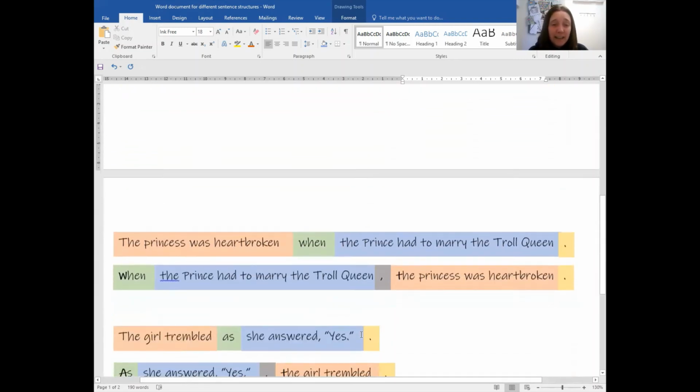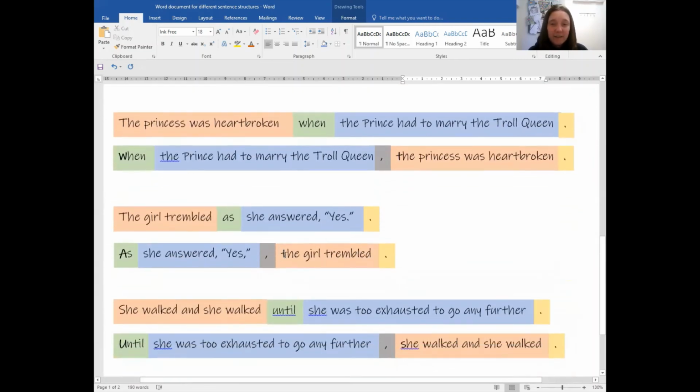So if you look here now, we've got pairs of extended sentences. The first way that you've learned already in school, and then the new way that I've explained to you today. So remember, we need to try and remember the commas separating the subordinating clause to the main clause.